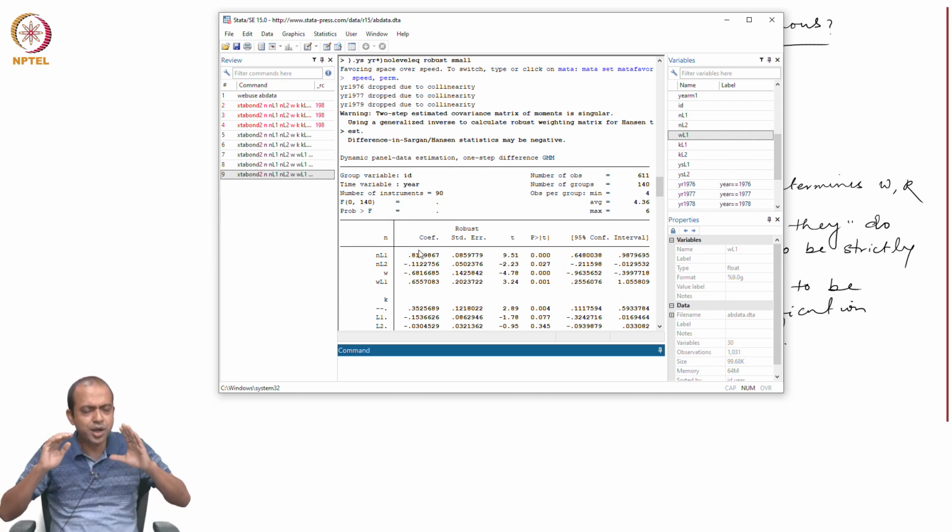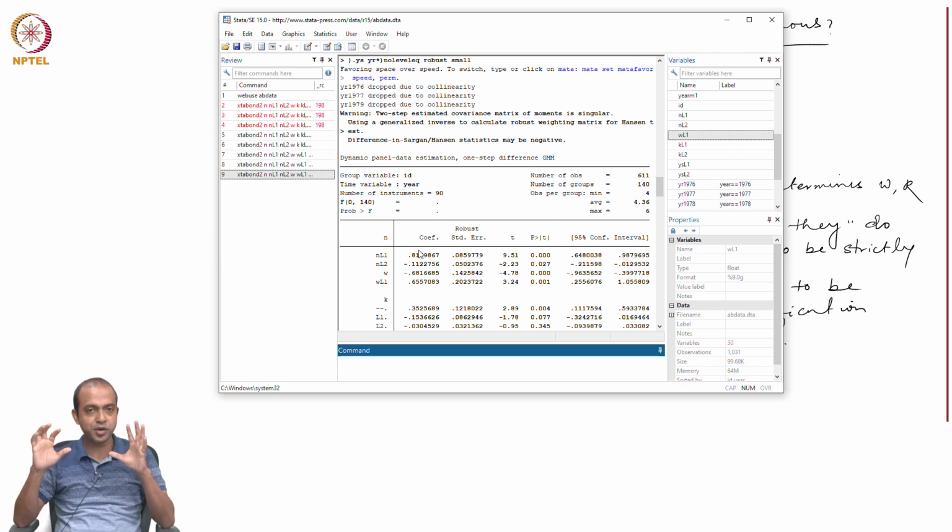So, whatever model we estimate, whether a difference GMM or a system GMM, what variable we specify as endogenous, what variable we specify as exogenous, those things actually matter a lot.